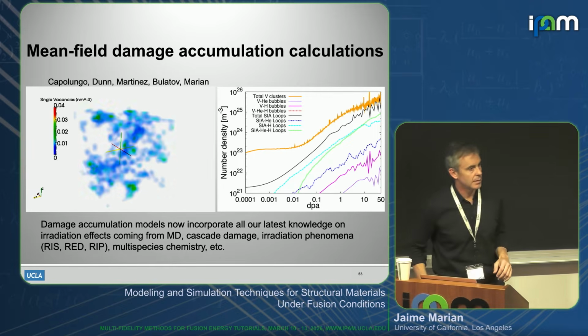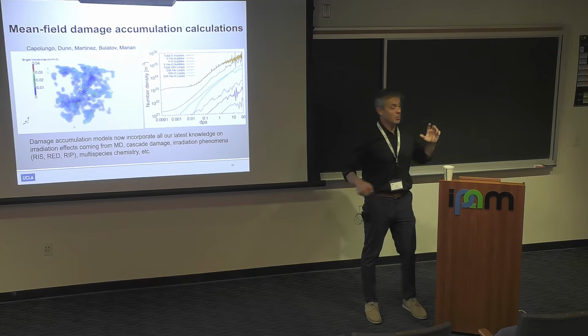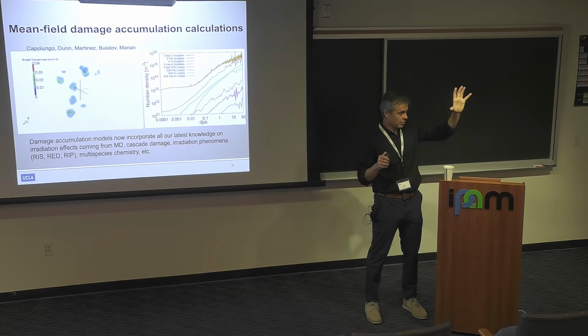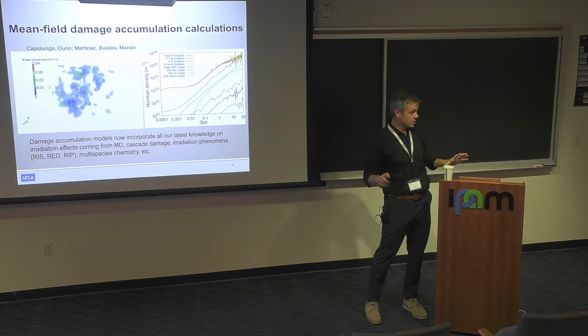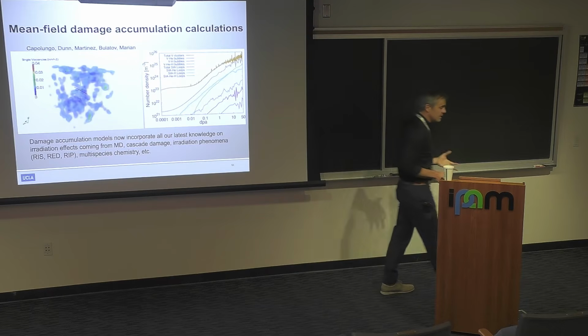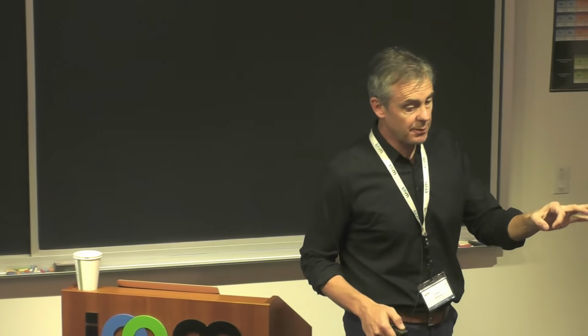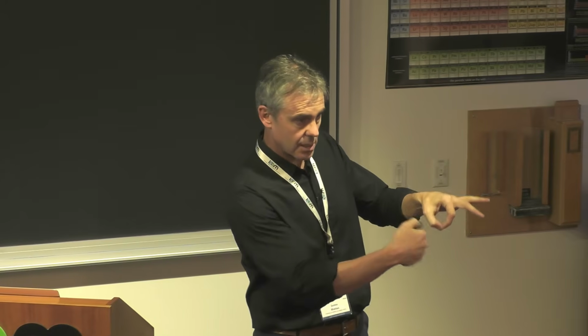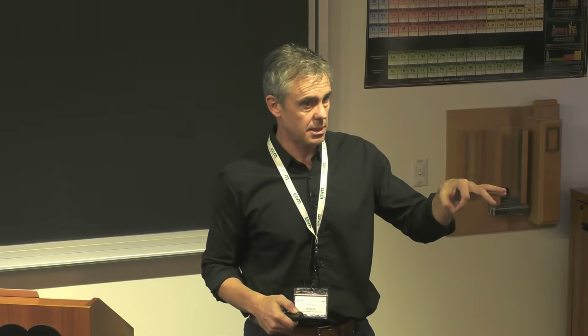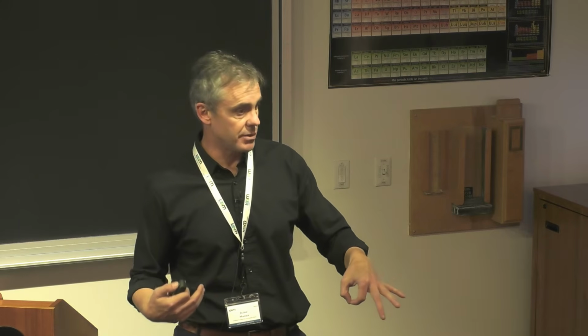Question. Yeah. How do you calculate the rates and probabilities for use in multi-scale? So for example, as I showed you in that experimental image, there are so many different complicated mechanisms that you have to try to capture all of those and implement all of those in terms of rates. So for example, one thing we'll do is we will put a defect disk, one of these clusters that I was talking about, in an atomistic box. We'll simulate the kinetics of that disk at a set of different temperatures, and from there we will extract its diffusivity.